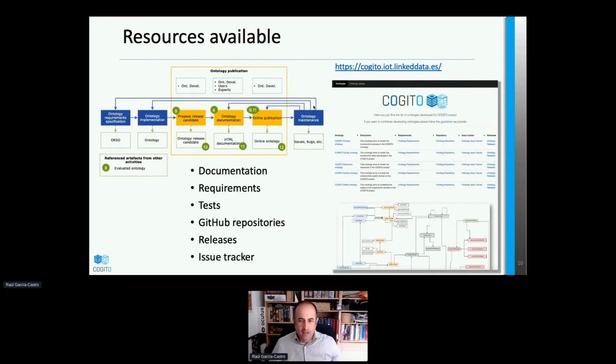So all this development, when we talk about the publication of the ontology, it involves publishing not only the OWL file, but all the artifacts that are related to the ontology development process.